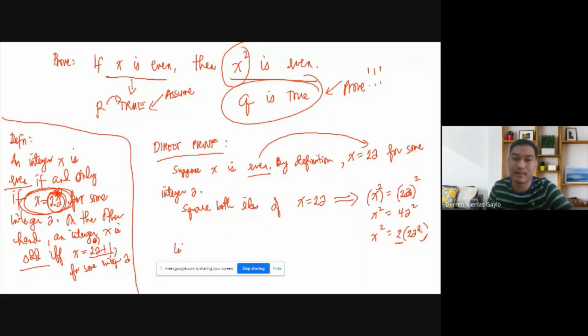We let c is equal to 2a squared for some integer c. Then x squared is equal to 2c. Hence, x squared is an even number by definition.